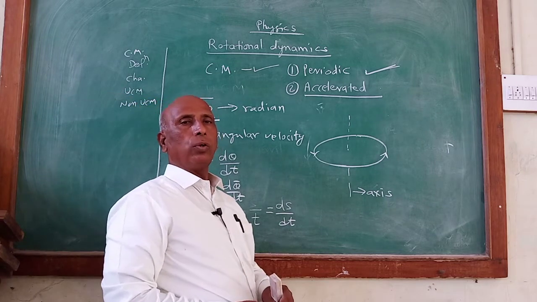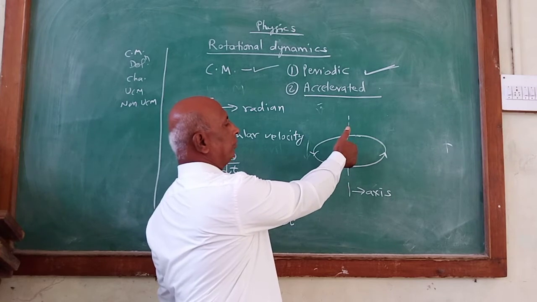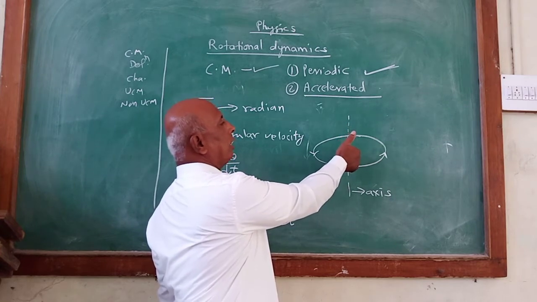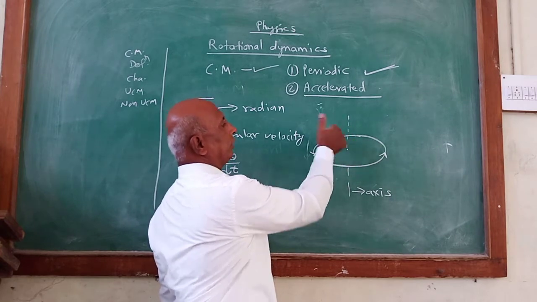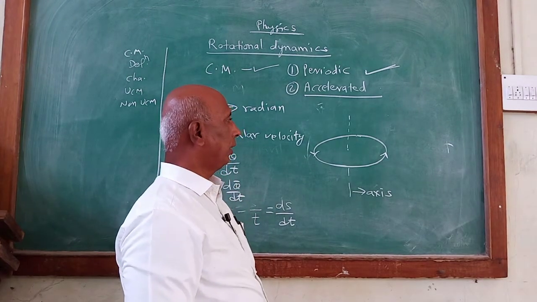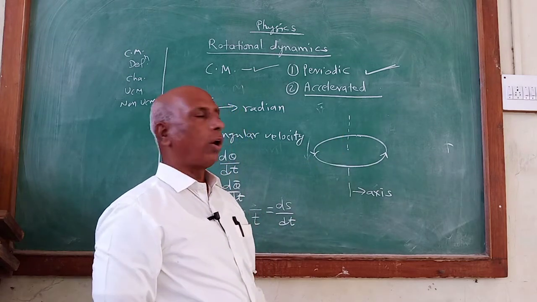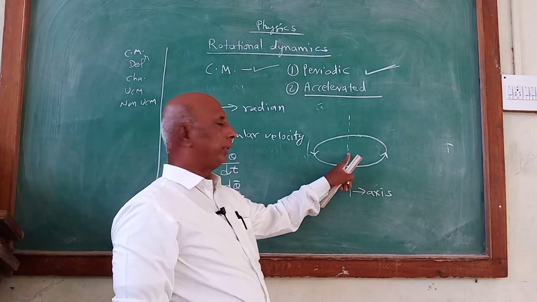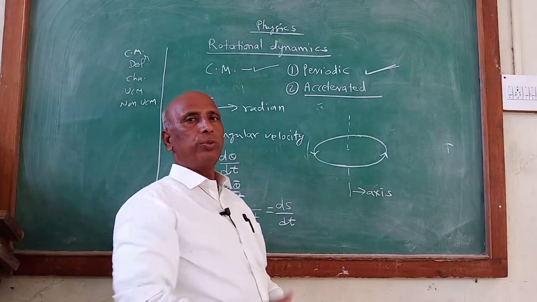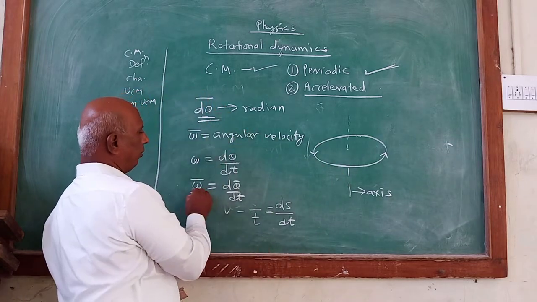Now, what is the right hand rule? Hold the axis of rotation in the right hand with fingers curled around the axis and thumb outstretched. If the curled fingers indicate the direction of rotation, then the thumb gives the direction of angular displacement or angular velocity.